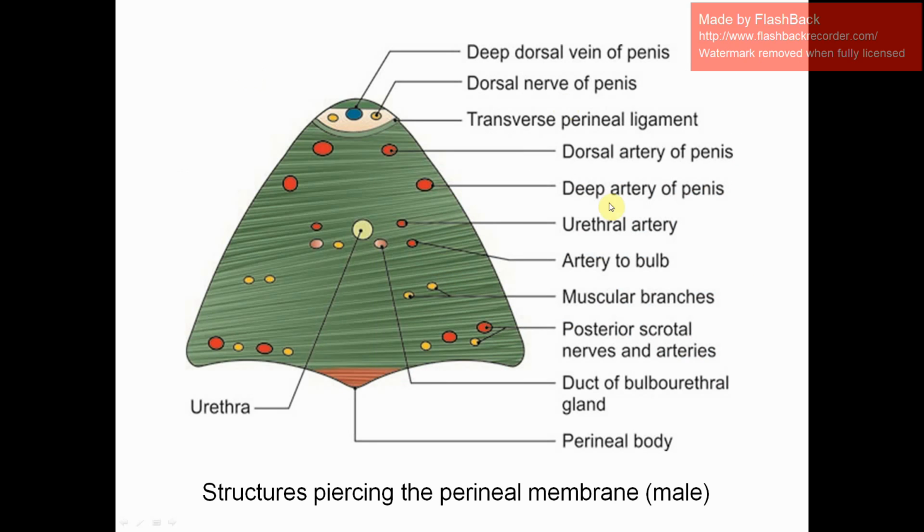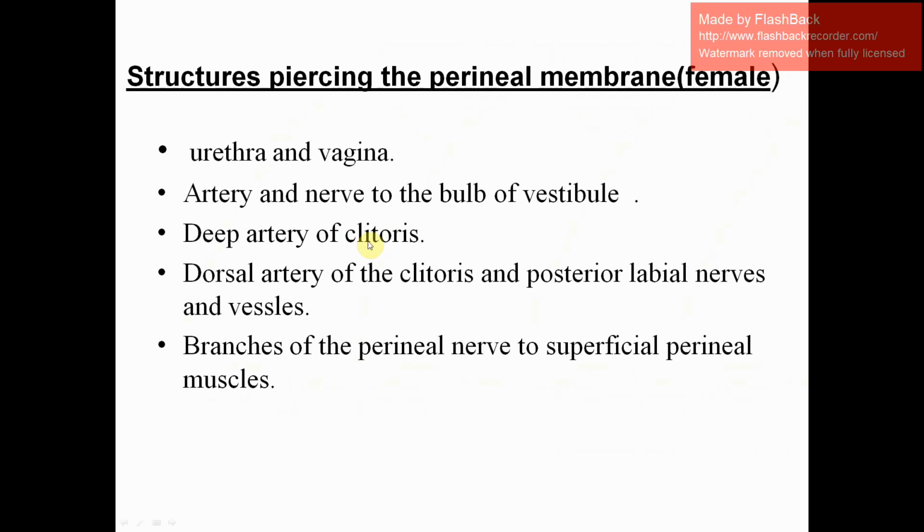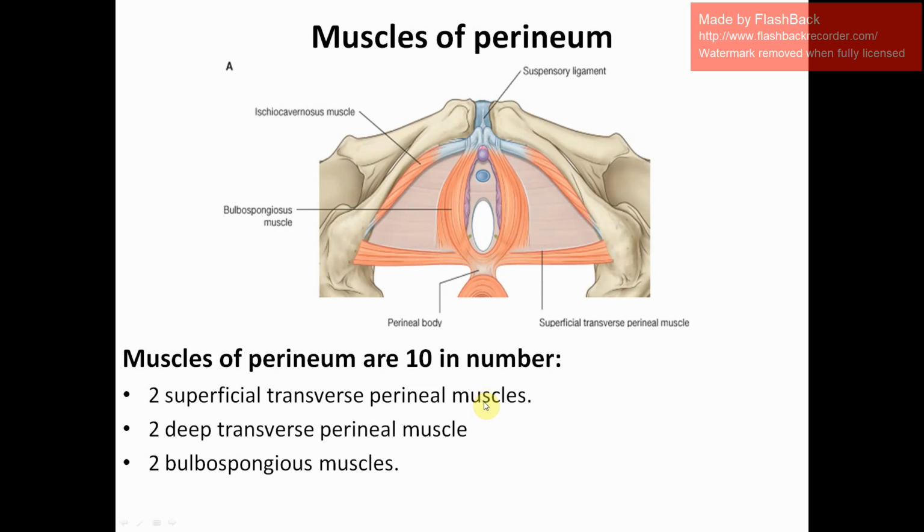And in female, the structures piercing are the urethra and vagina, artery and nerves to the bulb of vestibule, deep artery of clitoris, dorsal artery of clitoris and posterior labial nerves and vessels, branches of perineal nerve to superficial perineal muscles.